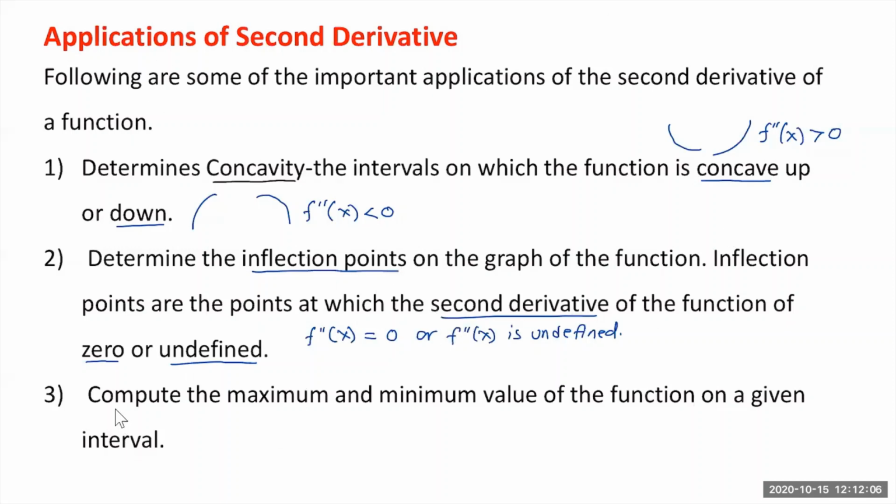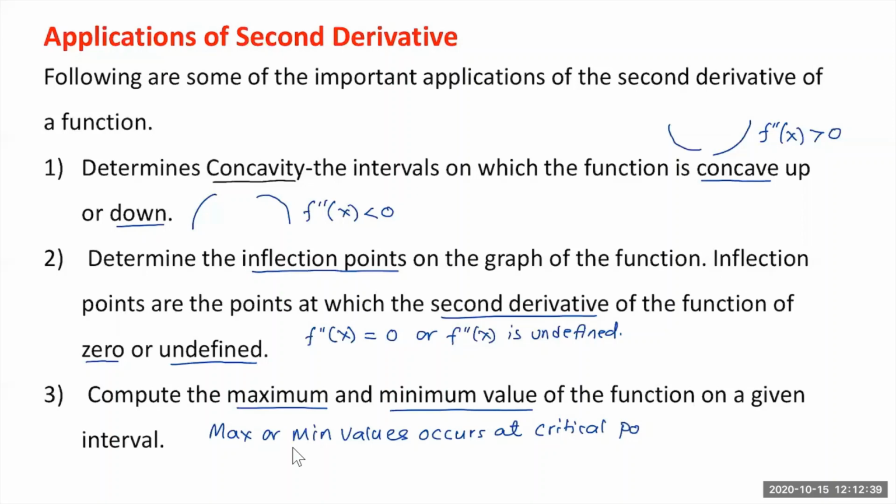And the last one: by using the second derivative, we'll be able to compute the maximum and minimum value of the function. What we know from the previous lecture is that maximum or minimum values occur at critical points.